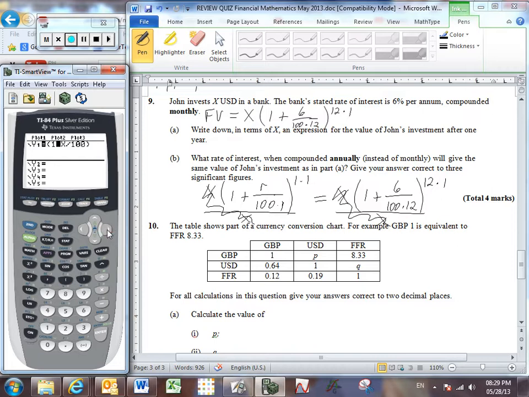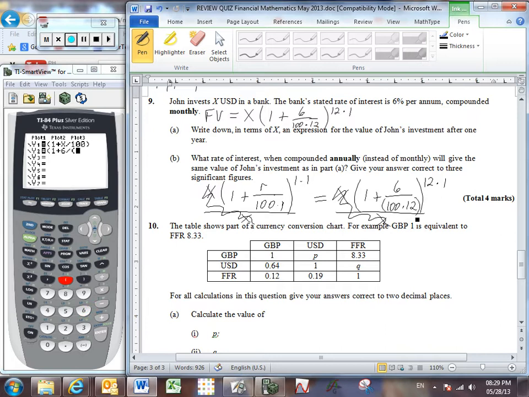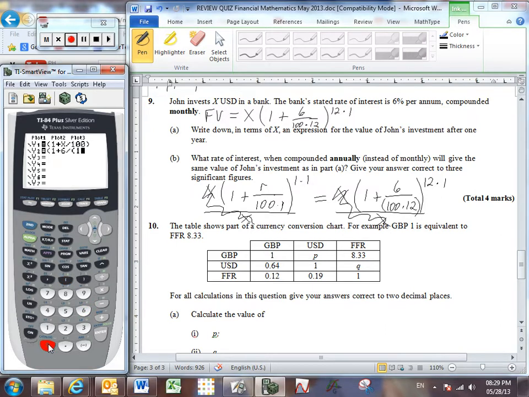So 1 plus x over 100, that's our left-hand side, raised to the power of 1, no point writing that. And my right-hand side is 1 plus 6 over, and now here's where I have to be careful. My 100 times 12 is all in the denominator, so let's divide 6 by the entire expression, 100 times 12. And we're raising this to the power of 12 to represent the 12 months in the year that have passed.